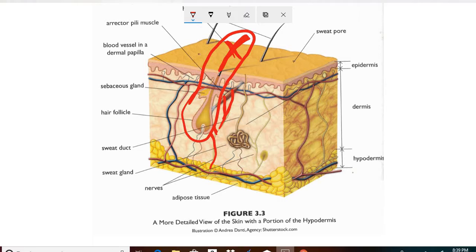So the types of receptors that take information to the brain, let's go back to it. So there are many receptors in the skin. And next week during class, we're going to actually do some activities where we will look at those different receptors.